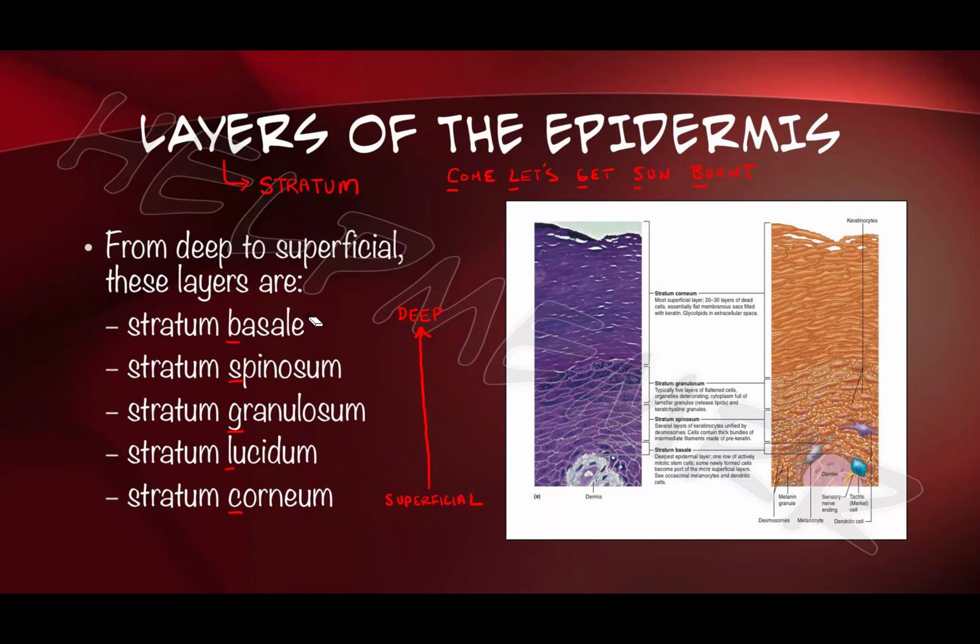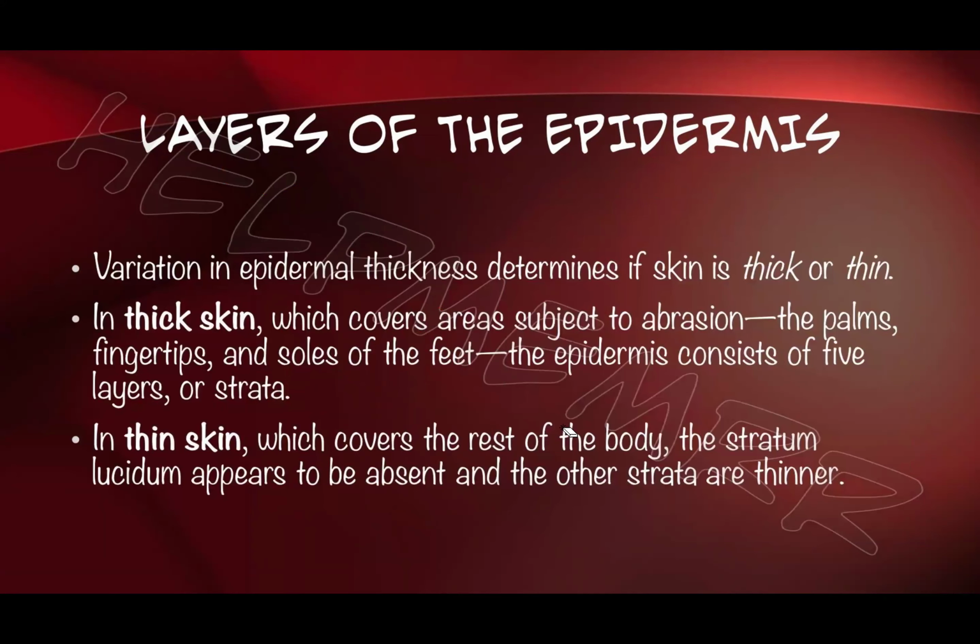And then each one of them is going to have specific kinds of cells that we're going to see in each layer. The reason each one has a different type is that come, let's get sunburnt is one type, and then there's come, get sunburnt.